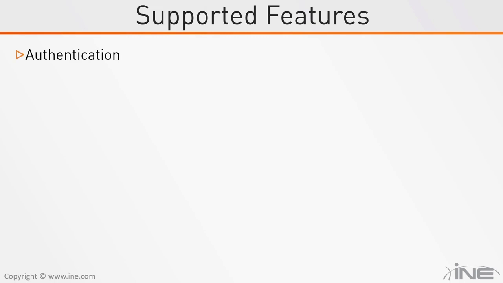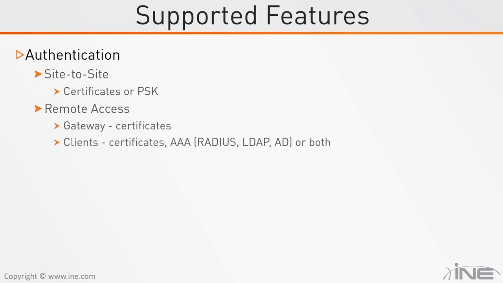Now, in terms of authentication, for site-to-site VPNs, we can use either certificates or pre-shared keys. But for remote access, as the FTD unit authenticates to the client, it is always gonna be the certificate authentication.